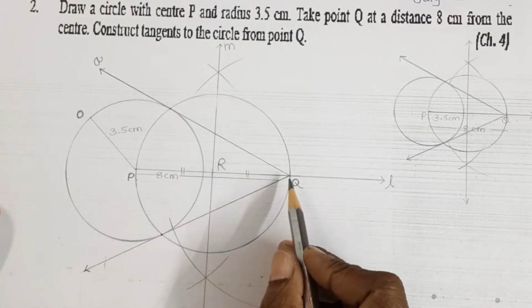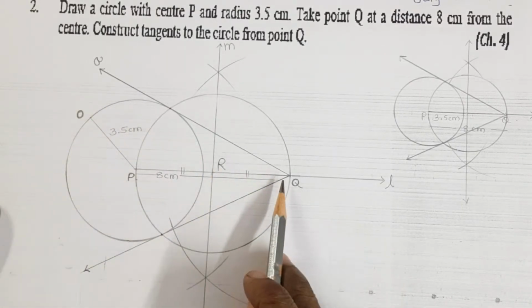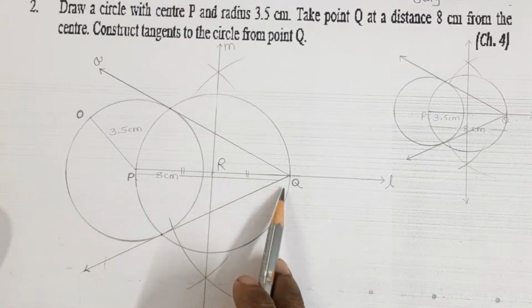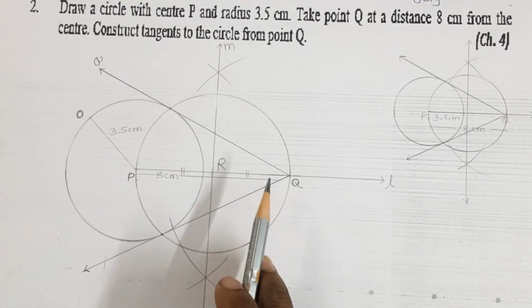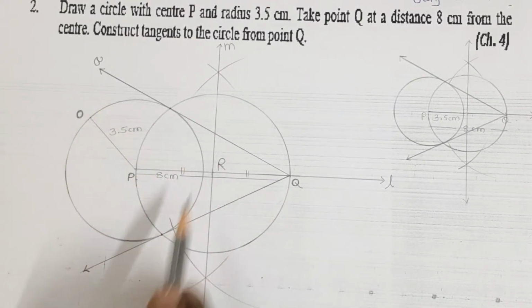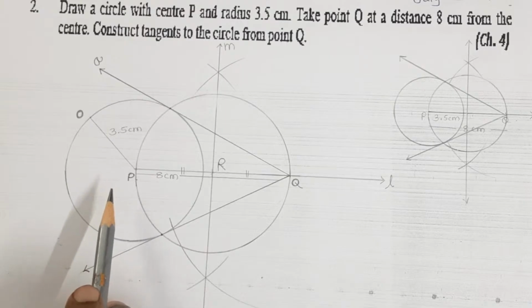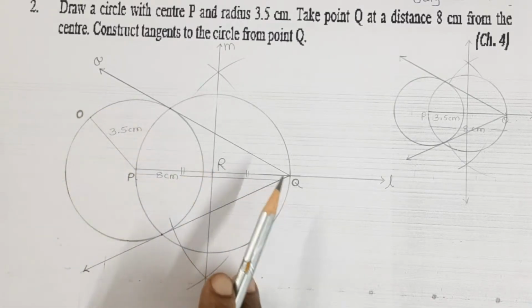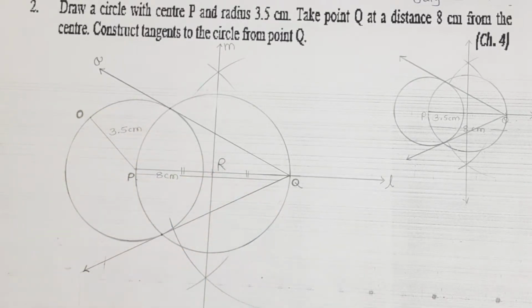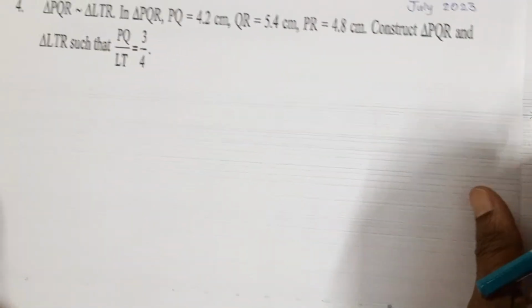Two tangents can be drawn from outside of the circle, because Q is the outside point of this circle with center P. So we can draw the two tangents.